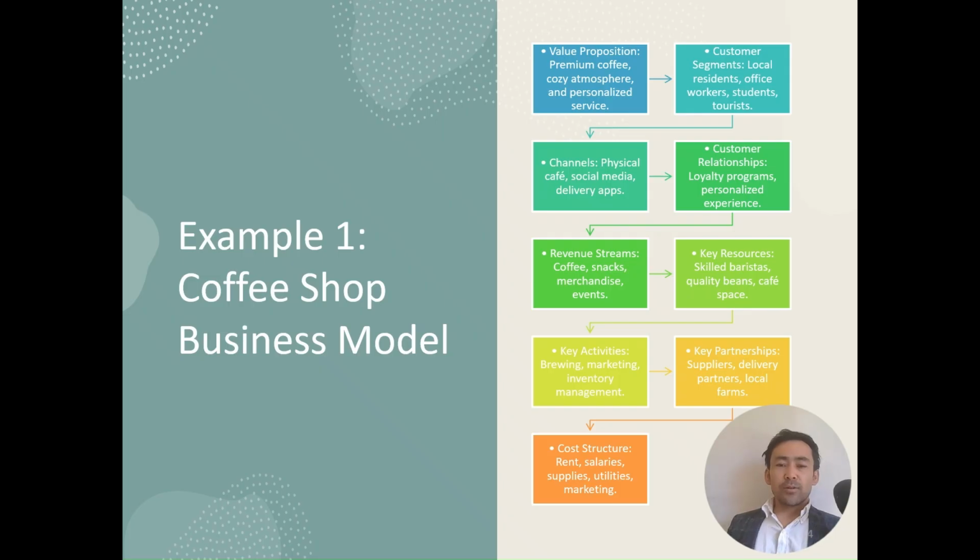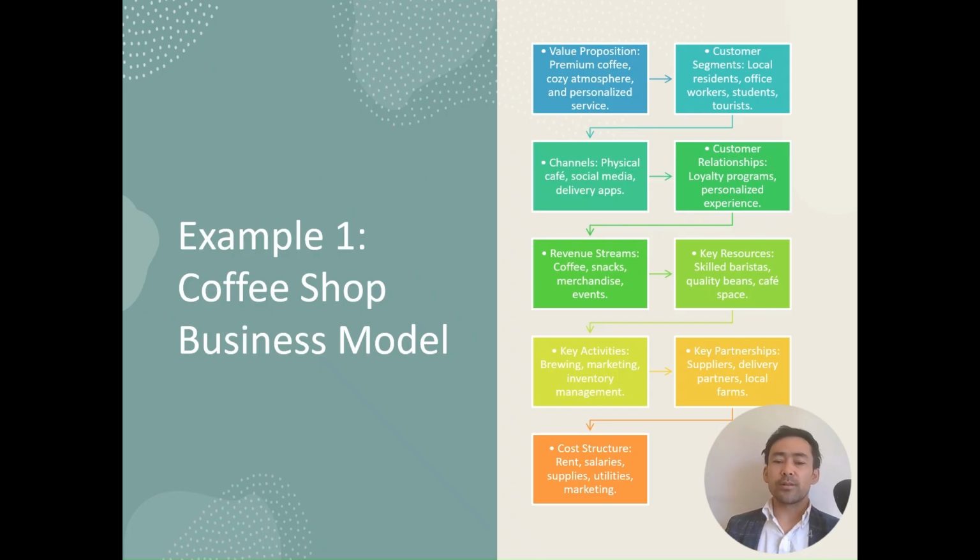The revenue streams that a coffee shop business model creates would be selling coffee, snacks, merchandise, or events that they would create in order to generate revenue for their business.